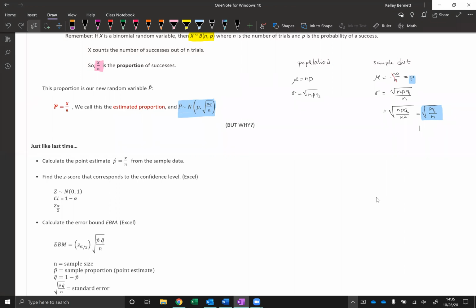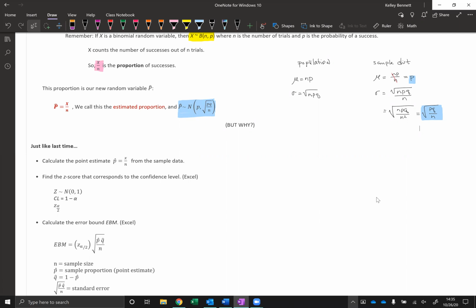We also need to find the error bound. That's going to be our z-score from the second step, multiplied by our standard error. Remember that standard error is really just the standard deviation of the sampling distribution. For us, the sampling distribution had a standard deviation of the square root of PQ over N. So here we have the square root of P hat Q hat over N, because p hat is the point estimate from the sample itself.